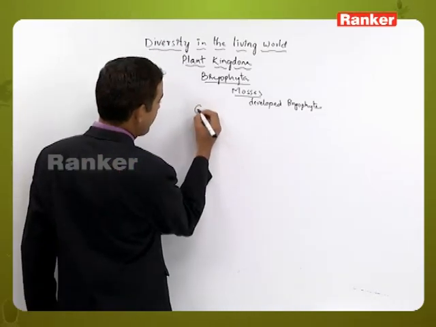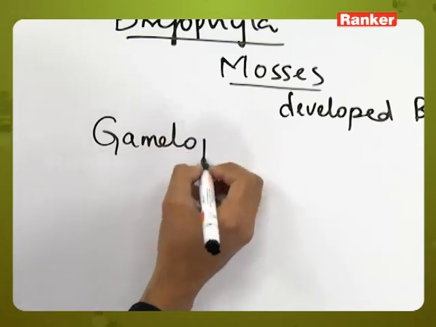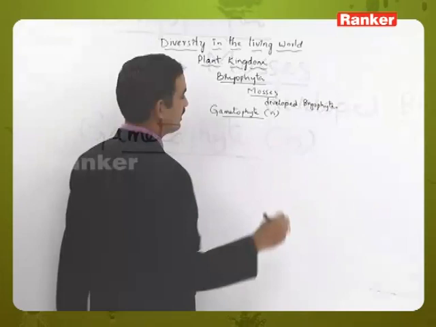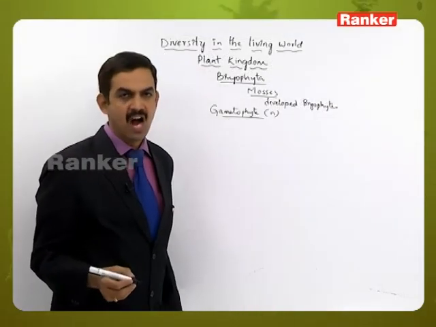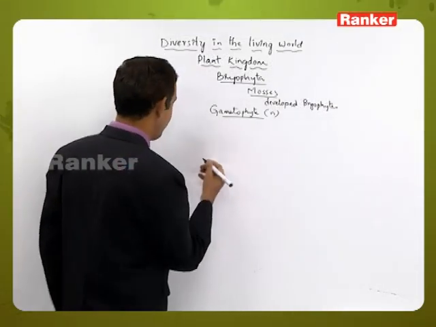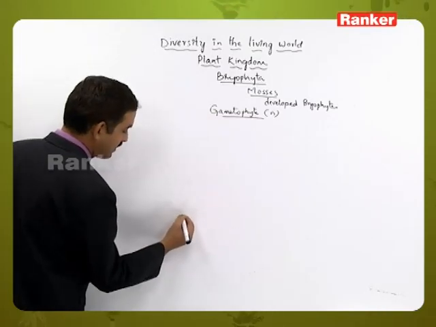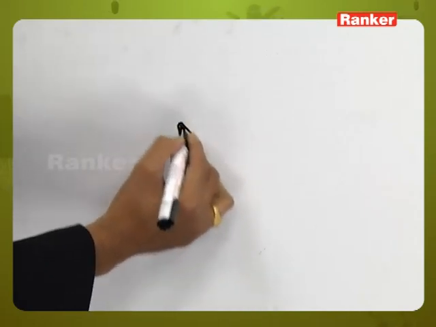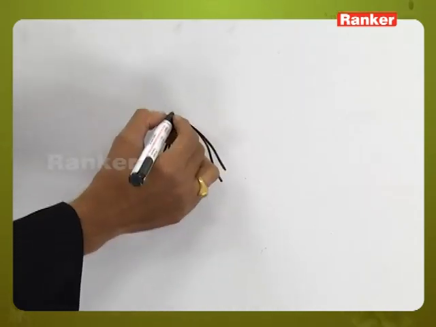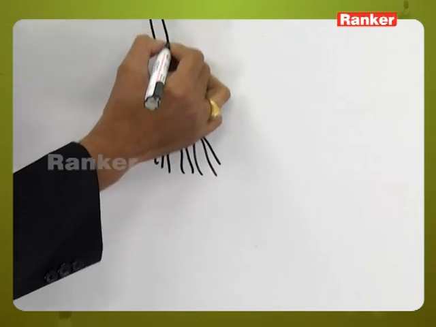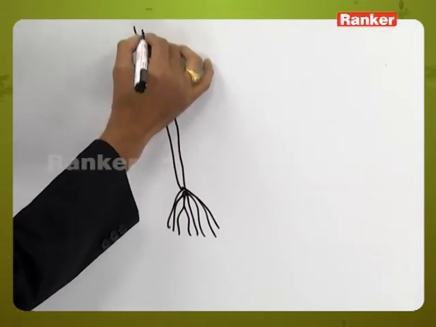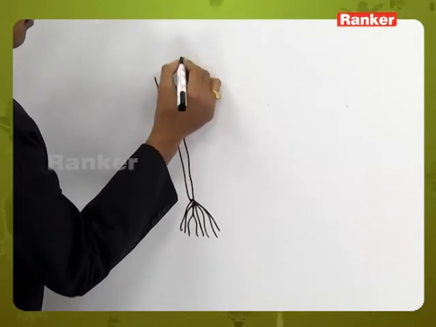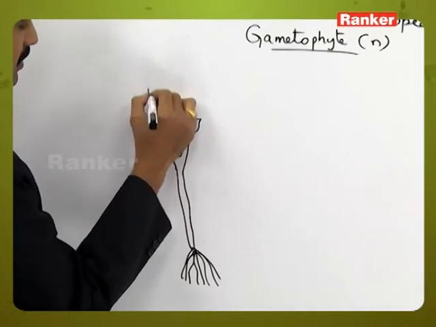So if you see the gametophytic generation, it is haploid, independent, green, photosynthetic, autotrophic in its nature, with an organization like this: root-like structures called rhizoids, and the cauloid, which has a branched organization, and on that we can see the development of leaf-like structures.